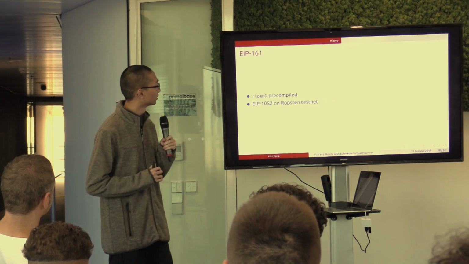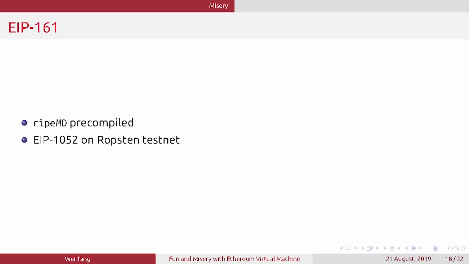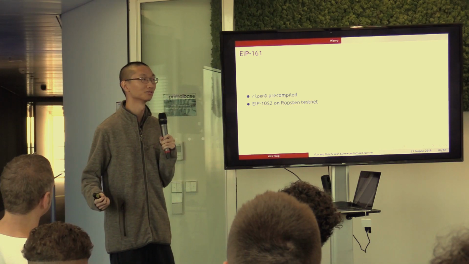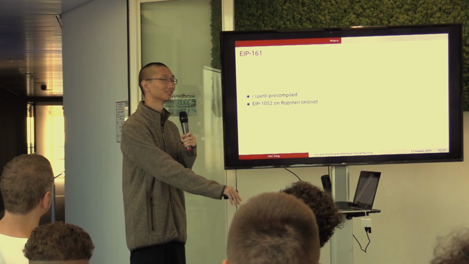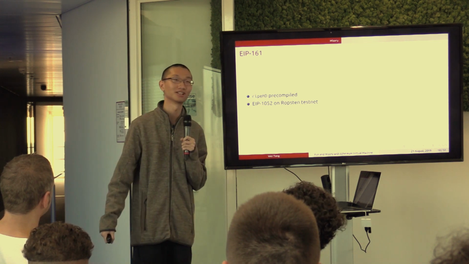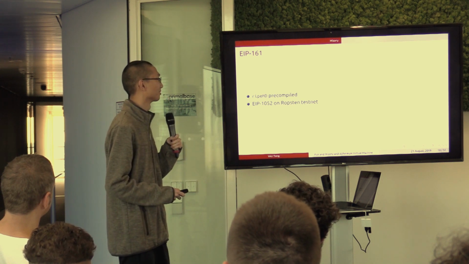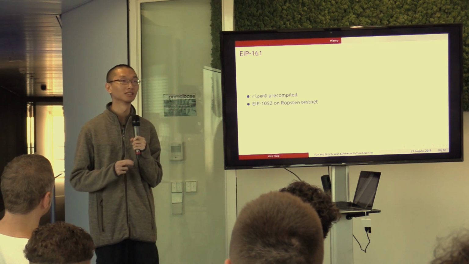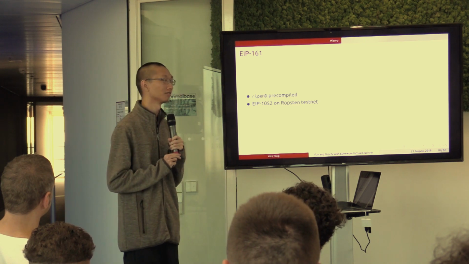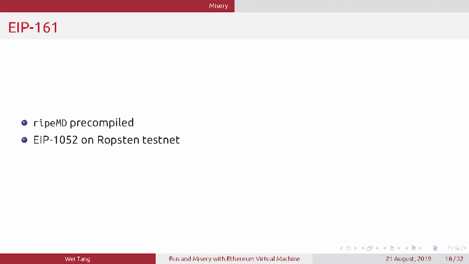For example, the earliest issue we had is the RIPEMD precompile, which, if you look into the Go Ethereum code, you will find there is just a special case in the state trie cleaning code for the RIPEMD. And the latest one we have is probably EIP 1052, which was part of Constantinople.